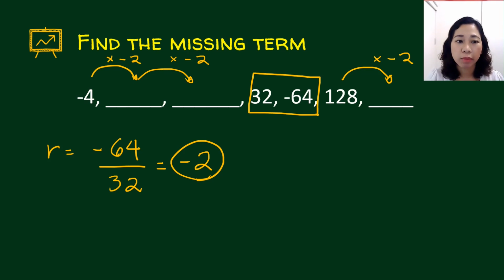So the missing terms are negative 4 times negative 2 is 8. 8 times negative 2 is negative 16. And then 128 times negative 2 is negative 256. Okay?